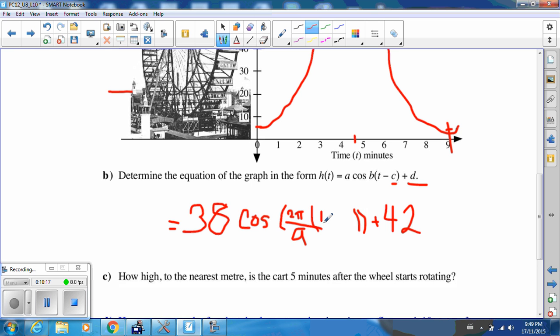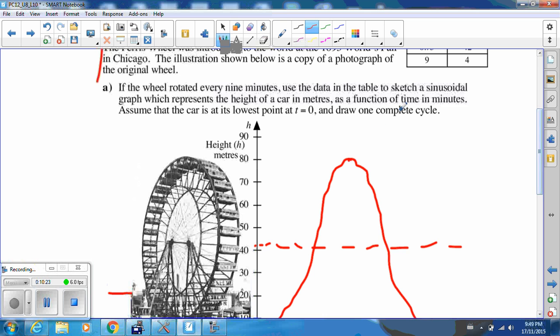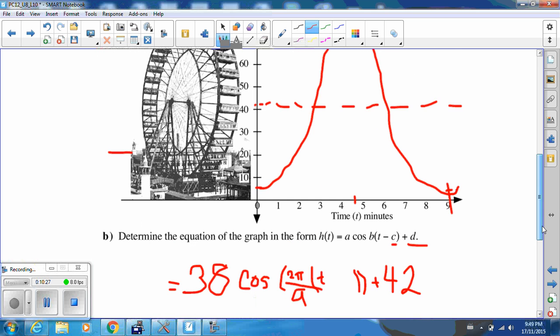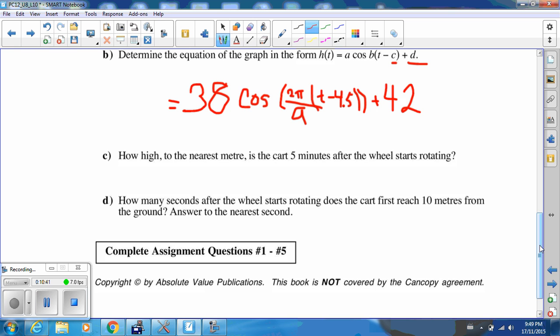So this is going to be t minus, and I have to distribute it. Now I need a positive cosine, so I need to start at my max, which is right here. So to start at my max, I just need to translate the graph over 4.5. It's going to be minus 4.5 here. Again, I apologize for my slow and messy writing.